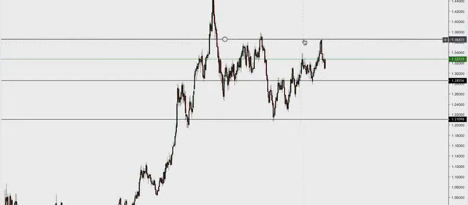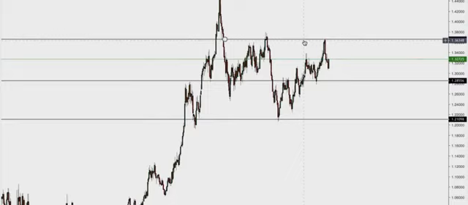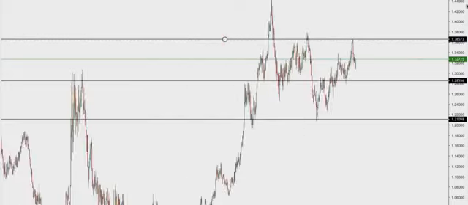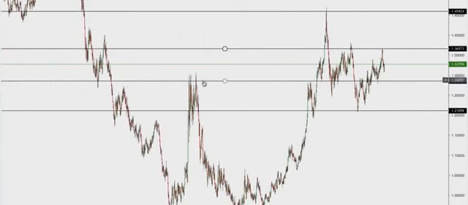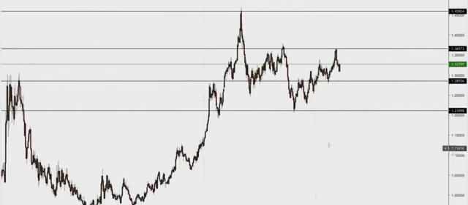Now, the thing about plotting support and resistance is that everybody has their own style, but I always like to look left. I look at the areas where I see a consolidation of candles, and I just pop the line all the way there.